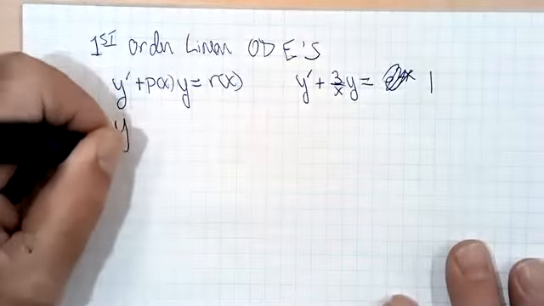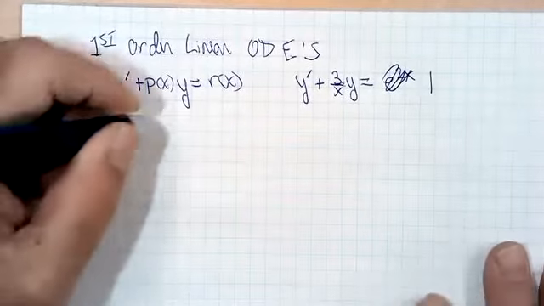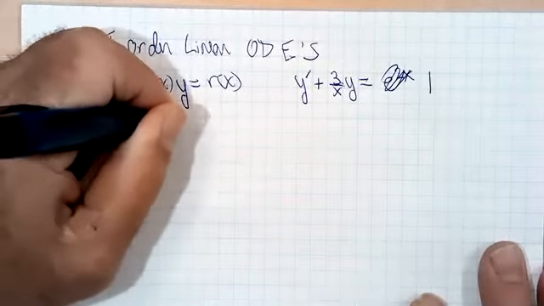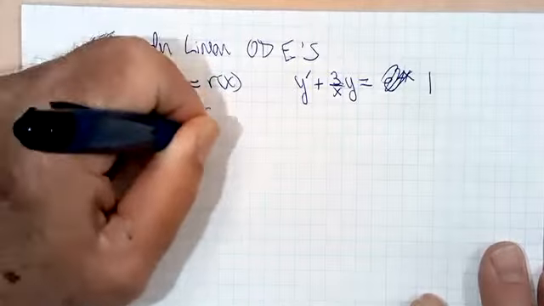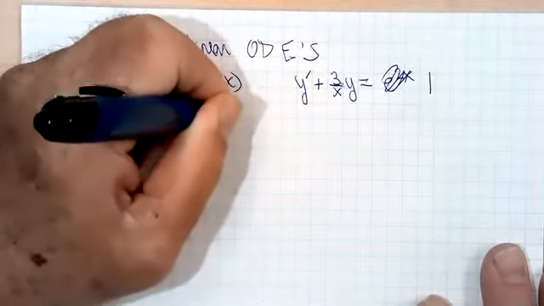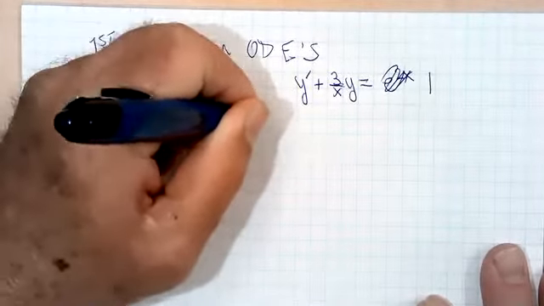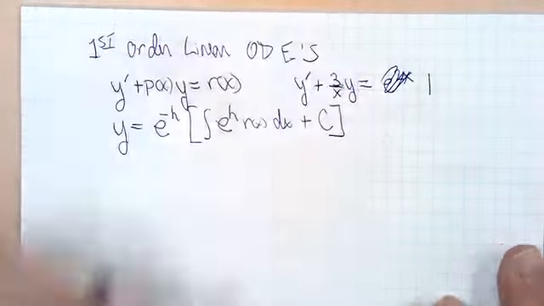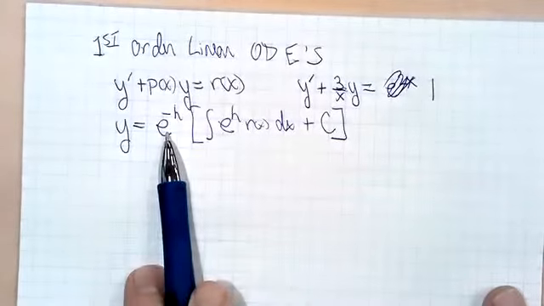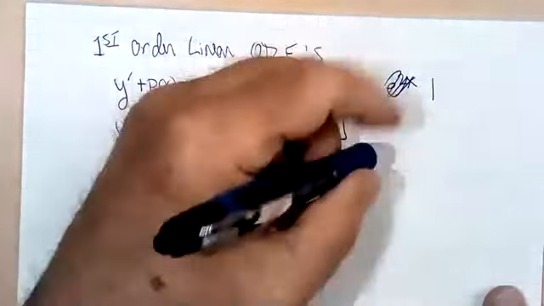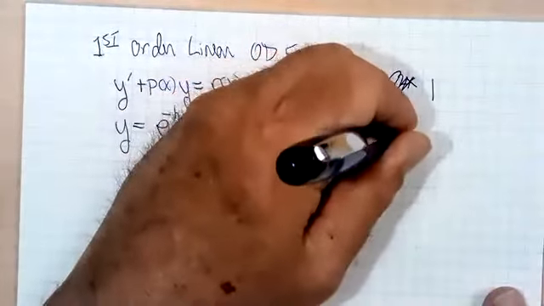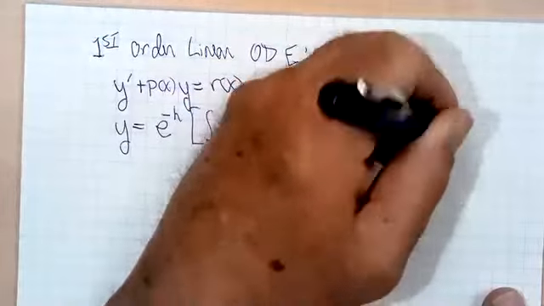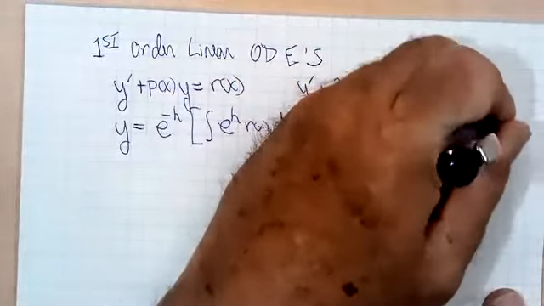The solution to this, there is simply a formula. It's e to the minus h times the antiderivative of e to the h r dx plus c inside the parentheses. So it's e to the minus h times c, where h is an integral of p.